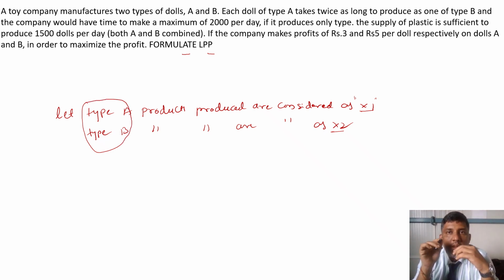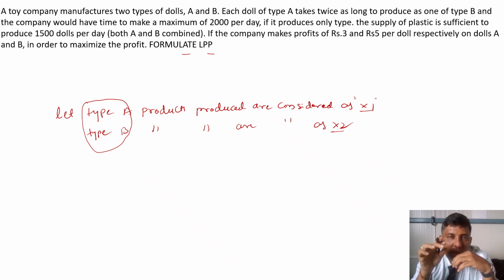Next, we have to check for the constraints. What are the constraints here? He is telling us the first constraint: we can produce a maximum of 2000 dolls per day. So it is a maximum limit to produce per day. Another statement he gave is that he can produce only 1500 dolls per day, because the raw material available is that much.